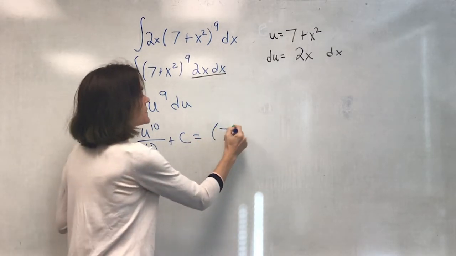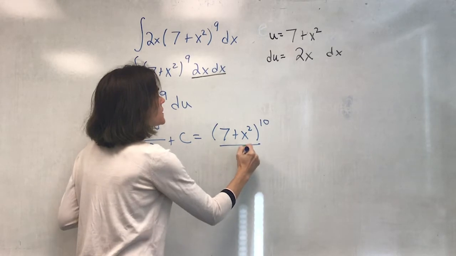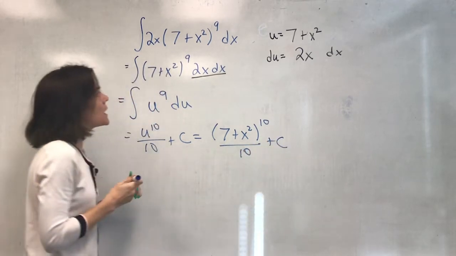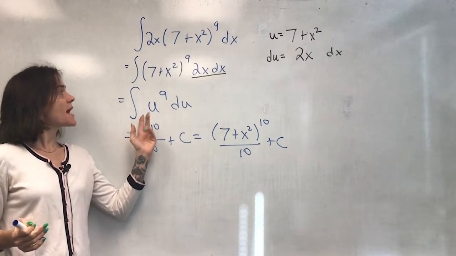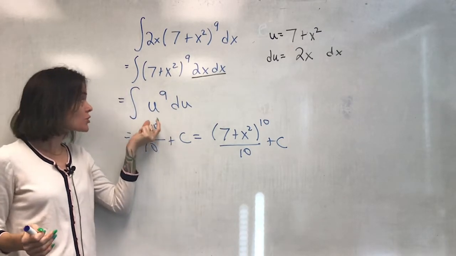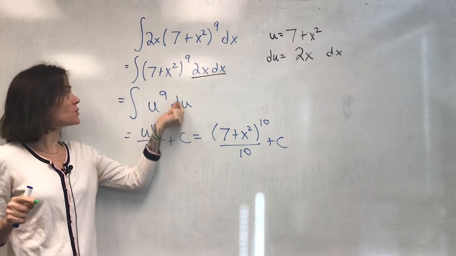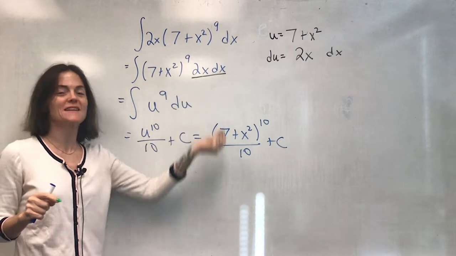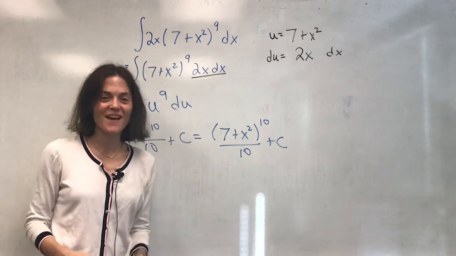So we have (7 plus x squared) to the 10th over 10 plus c. It's very important, as I have said in class, that you never see x's mixed with u's in any of these integrals. This is only u's and with respect to u, only x's and with respect to x. And then, okay, here is our final answer.